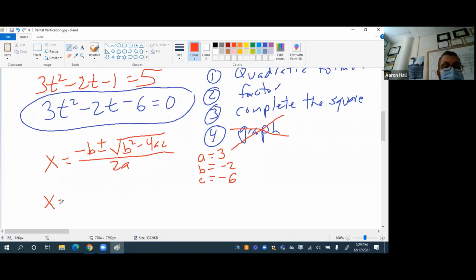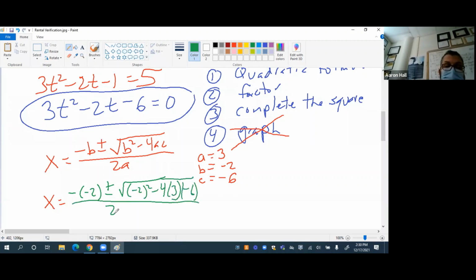So we have x equals, I'll use a different color, negative b. Oh, that's not b, that's a negative b. I'm going to use placeholders in the form of parentheses, plus or minus the square root of b, negative 2 squared minus 4a, which is 3, c, which is negative 6, over 2a, which is 3. Does that look right? More or less.